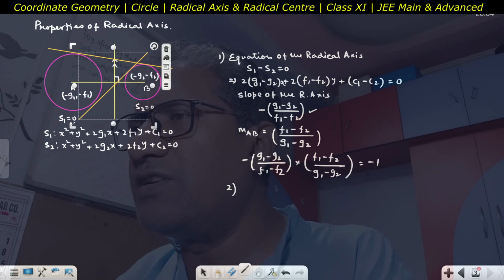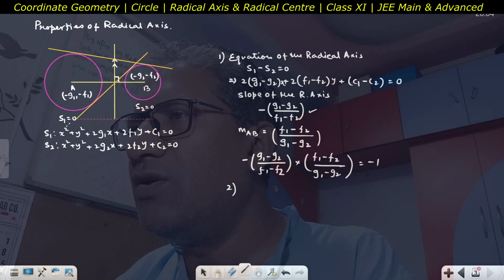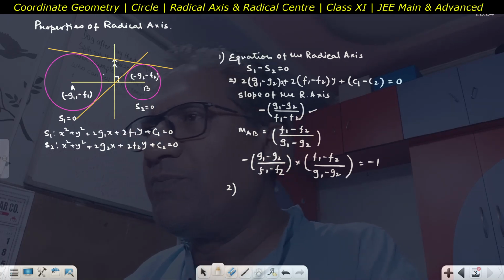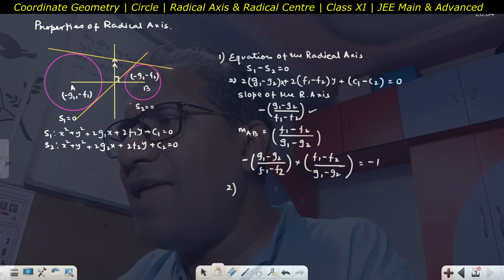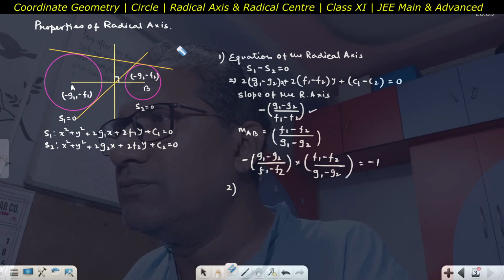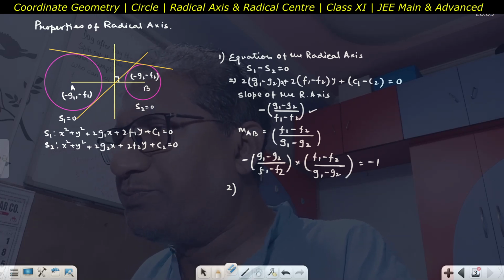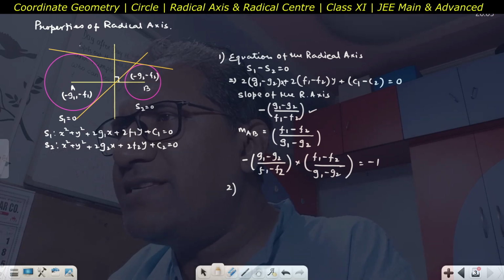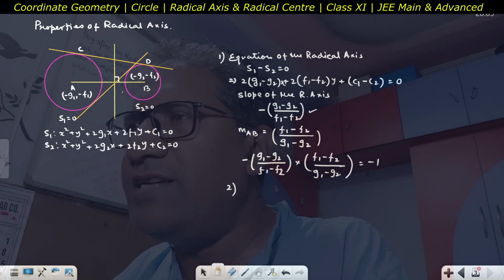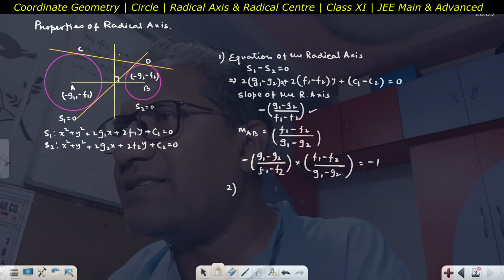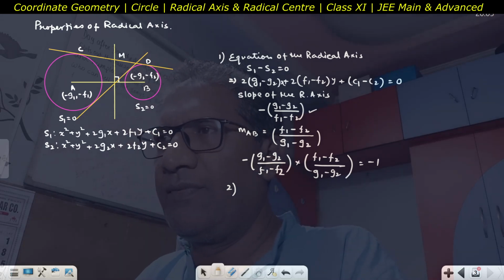This is the transverse common tangent. Now, the property states that the radical axis, just 1 second. Okay. So now, this direct common tangent, let me give a name, CD. CD is the direct common tangent and let us say it is intersecting the radical axis at M.